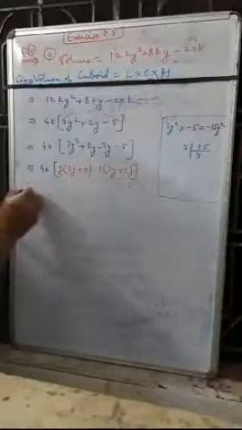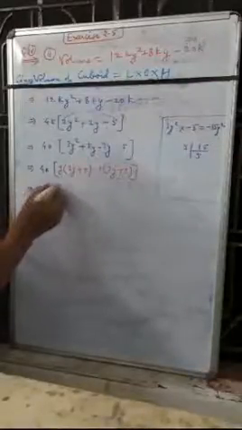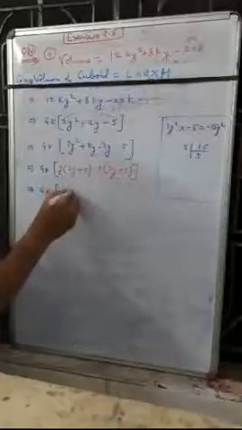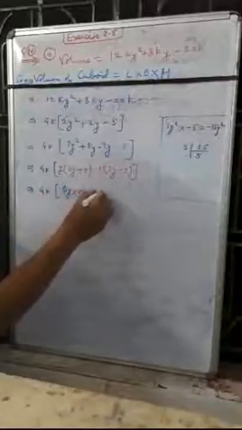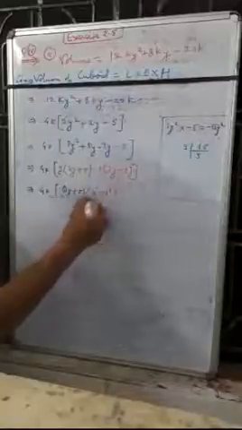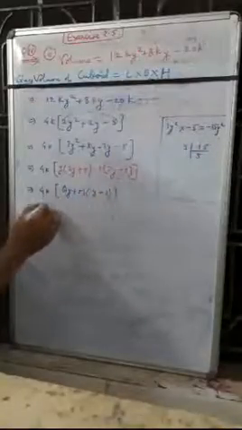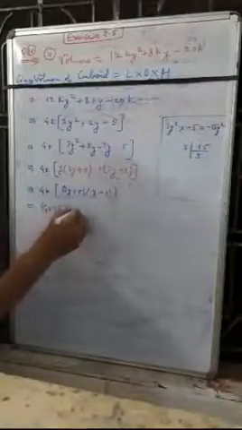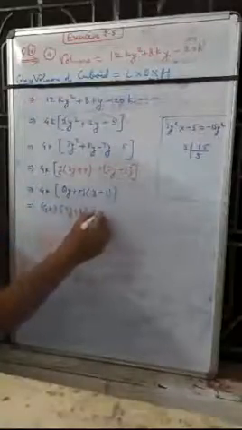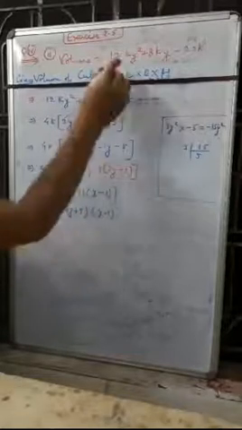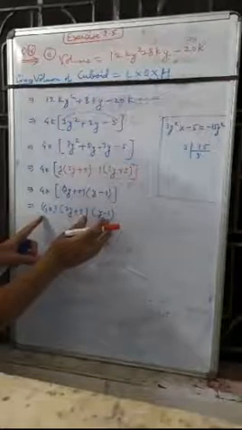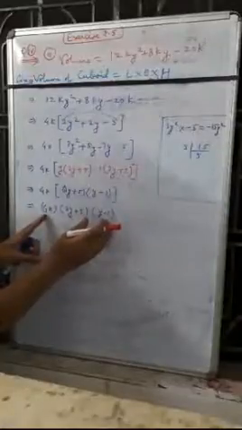So 4k, and here 3y plus 5 common, and what is remained in next bracket? So y minus 1 here. Now we can separate it 4k and 3y plus 5 and y minus 1. So this equation can be converted into the product of three factors.